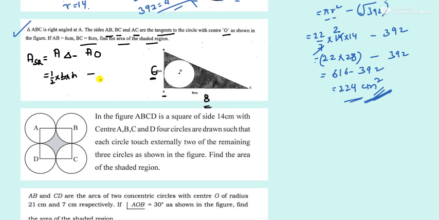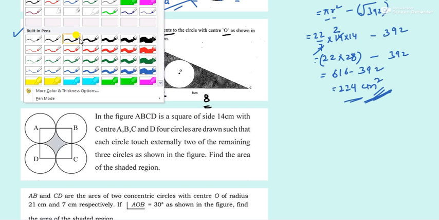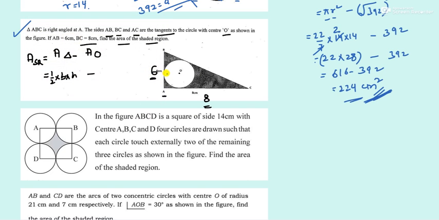For that, we'll use a different logic here. See what we can do. We'll just find the radius like this. If I draw a line from here, you can see this is the perpendicular. Again, if I draw a perpendicular here to this side, and again here, this is the perpendicular.